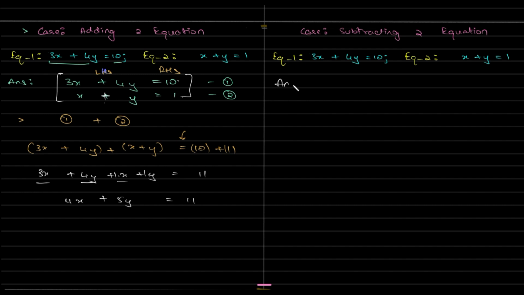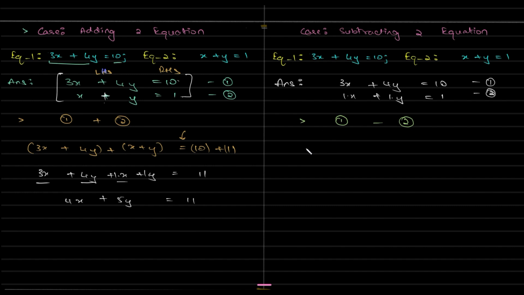So now we have equation 2 and equation 1 to be subtracted. What from what? I have not mentioned that, so let me decide now. We are looking at 1 being subtracted from 2, or 2 being subtracted from 1.